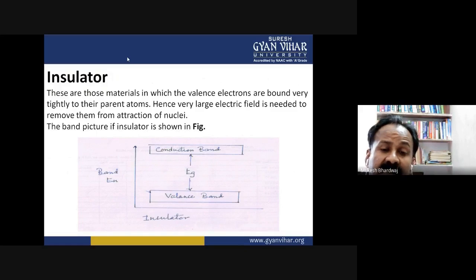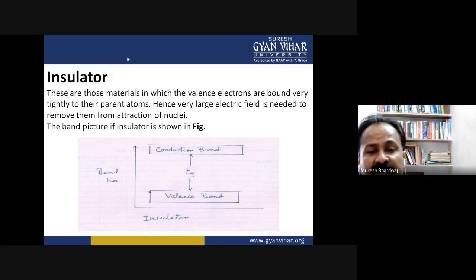If you provide that amount of energy or a greater amount of energy to the insulators to cross the valence band electrons over to the conduction band, then the covalent bonding breaks down and electrons acquire very high energy and participate in conduction.